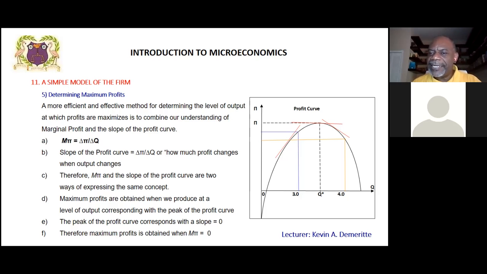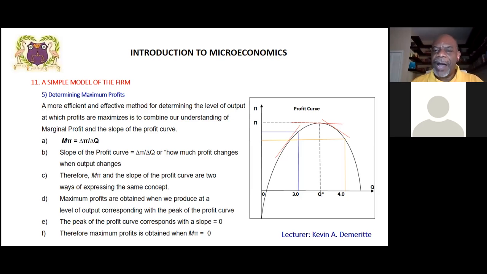So now, if that's the case, then all we need is to figure out what is the Q star that's associated with the top of that curve, which means the Q star associated with the maximum profit, which is the same Q star that's associated when marginal profit is equal to 0. So we need a Q star that satisfies marginal profit equal to 0.